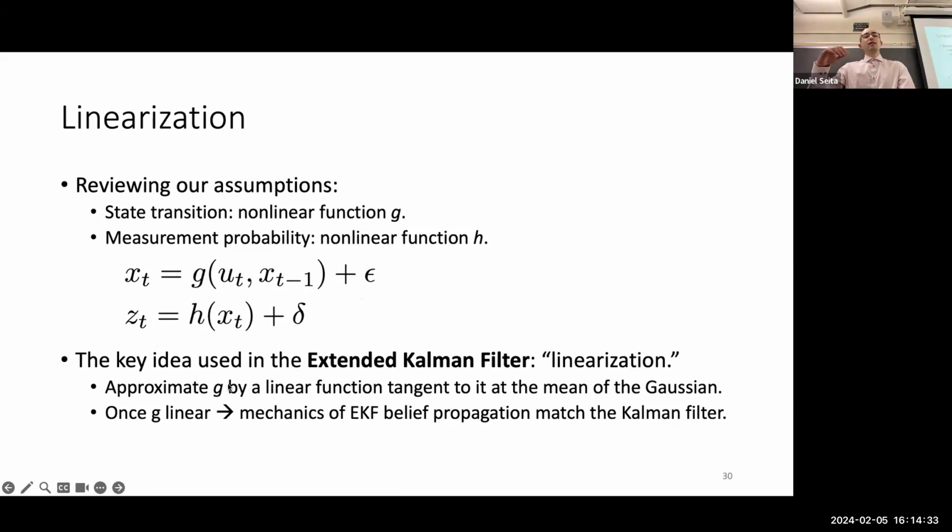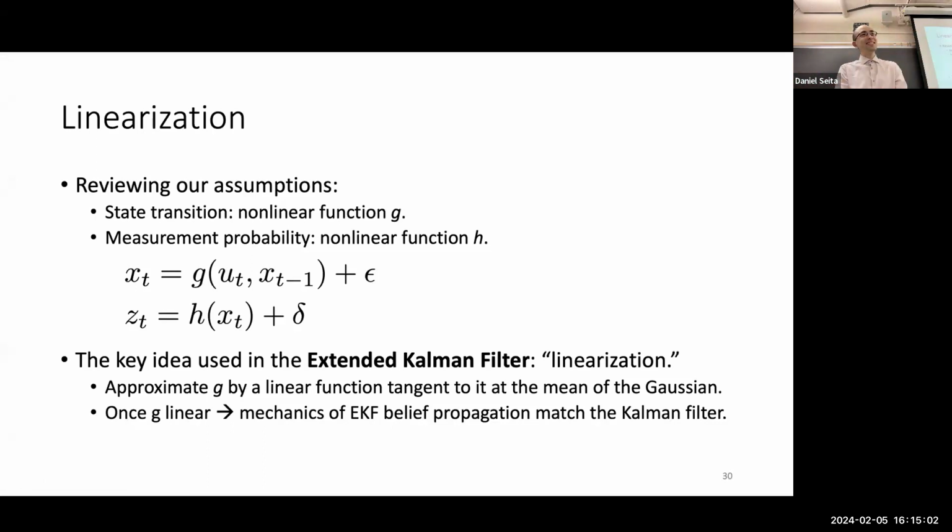The motivation is that if we approximate G, or H for that matter, then the mechanics basically reduce to that of the normal Kalman filter. It's just that we're approximating things, of course. But if we turn G and H into linear approximators, then we can just use the Kalman filter.